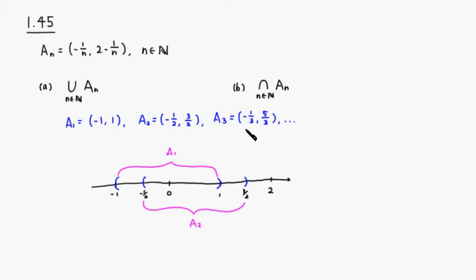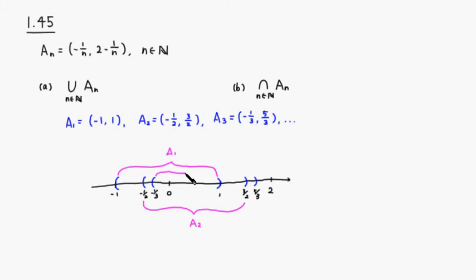And A3 is negative 1/3, so it's probably around there. I indicate negative 1/3, and then it goes to 5/3. 5/3 is a little bigger than 3 halves, so it's going to be probably around there. Oops, I messed it up.